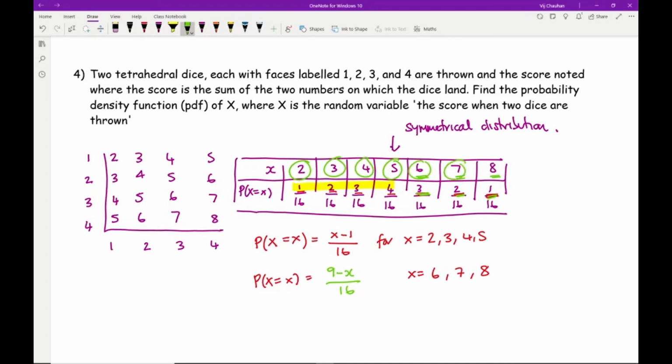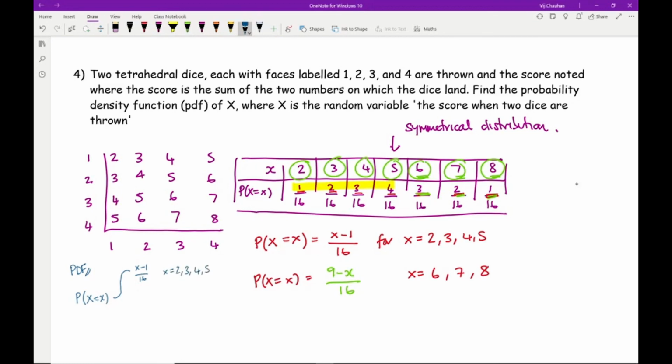So writing the final answer to this particular question, which I'll do in a different colour, let's go for blue. In terms of the PDF, it's going to be that P of X equals little x is x minus 1 over 16 for where x is 2, 3, 4 and 5.